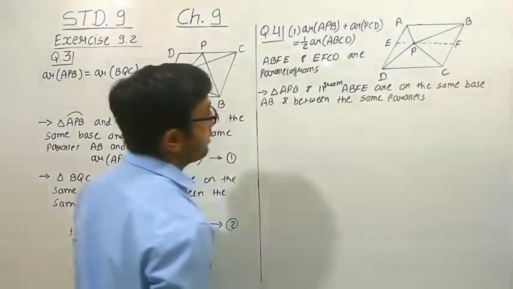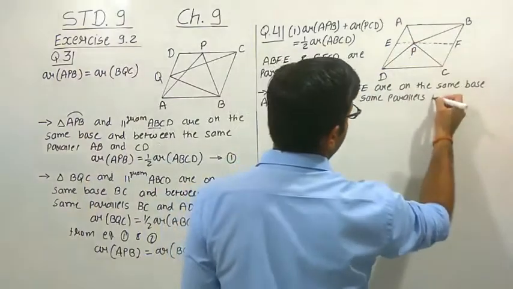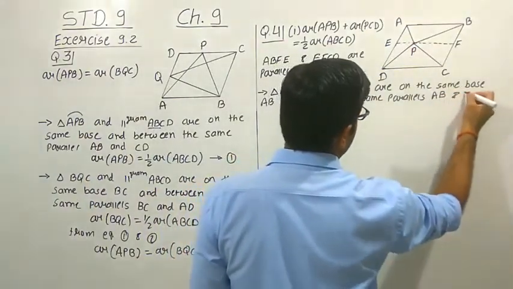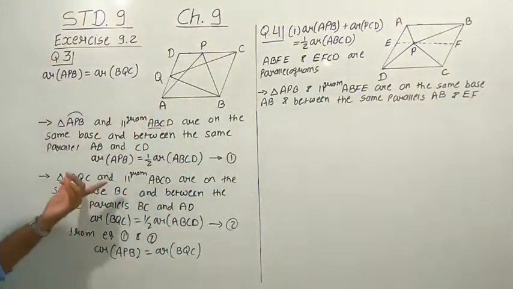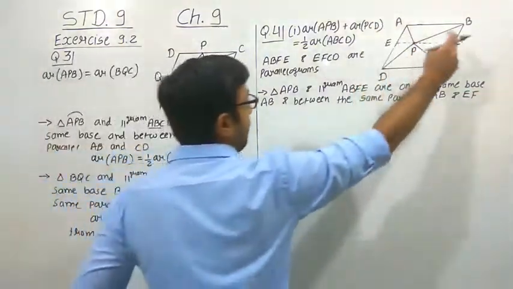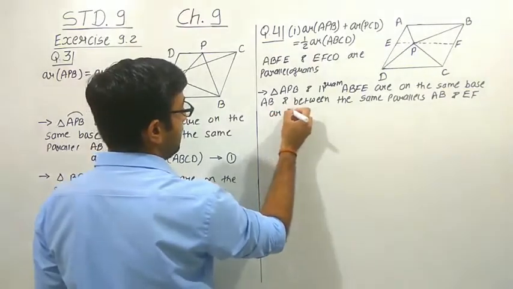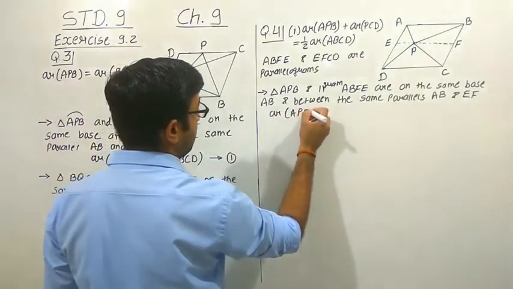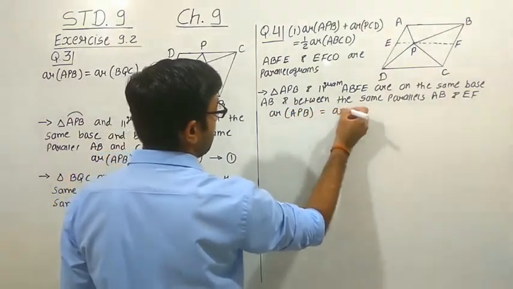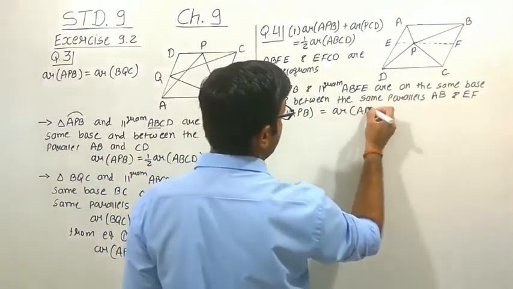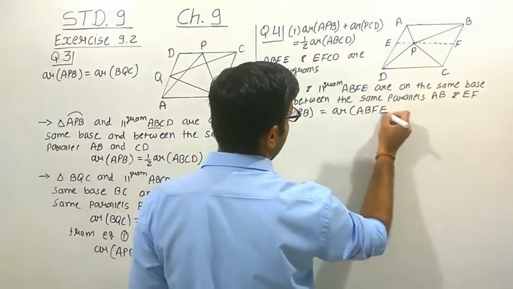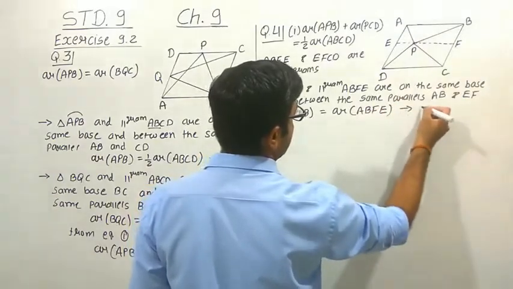Which are the same parallels? AB and EF. So now, according to this result, we can write down that area of APB is equal to area of ABFE. Give it the equation number 1.